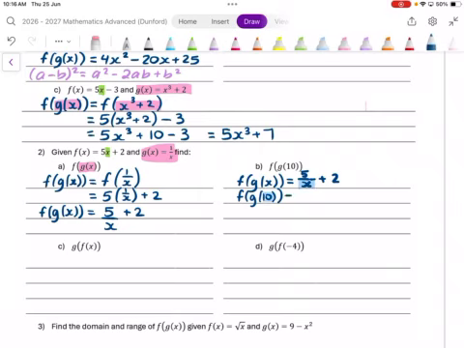So we'll get 5 over 10 plus 2. Now 5 over 10 is just equal to half, and a half plus 2 is 2.5. So we're actually finding a value there when our x is replaced with a number.